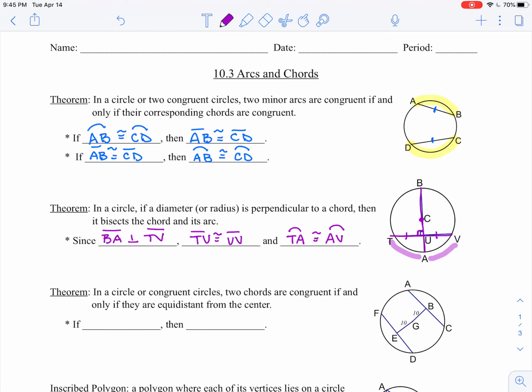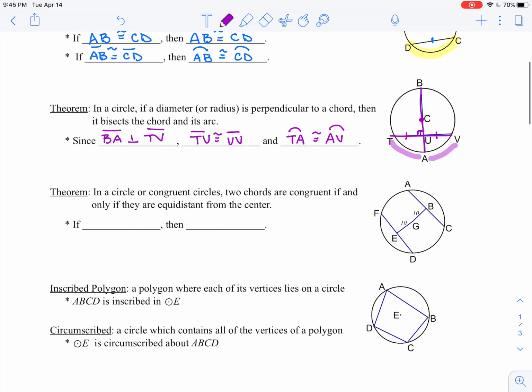And our last theorem says, in a circle, two chords are congruent if and only if they are equidistant from the center of the circle. So here I'm looking at circle G, so here's the center. Notice that GB and GE are each marked as 10 units long. That's the distance from the center of the circle to each of the chords.